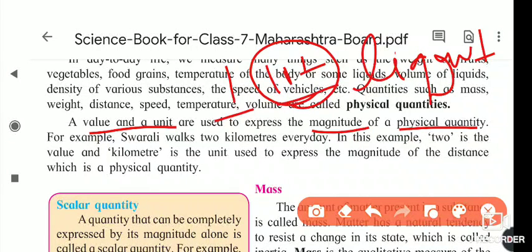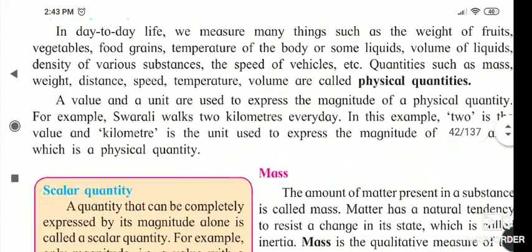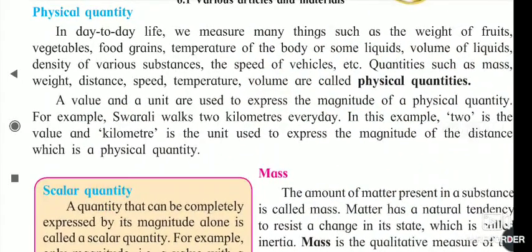If you are taking solid things, we use the units kg, gram, milligram. And for liquids, we use the units liter, milliliter. Next, here is one example: Swarali walks 2 kilometers every day.